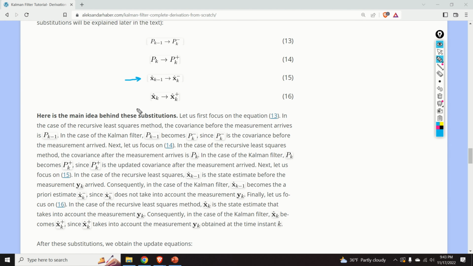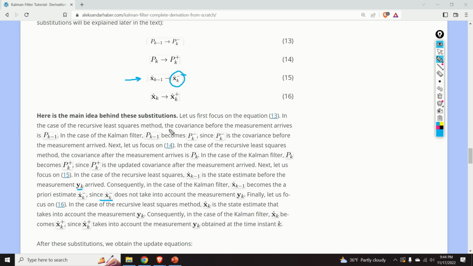Next, let us focus on the equation 15. In the case of the recursive least squares method, xk minus 1 hat is the estimate before the measurement yk arrived. Consequently, in the case of the Kalman filter, xk minus 1 hat becomes the a priori estimate xk hat minus, since xk hat minus does not take into account the measurement yk.